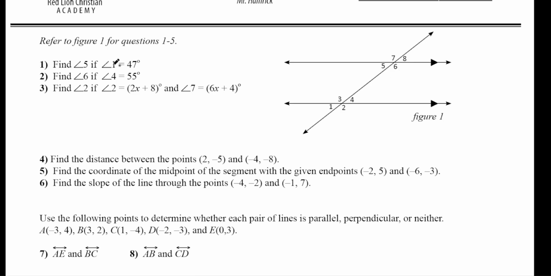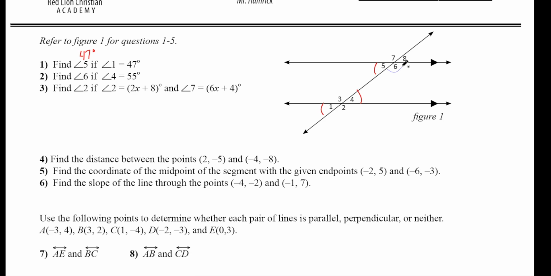So 5 and 1. Let's look at the relationship between 5 and 1. They're both acute, so they're equal to each other. So if angle 1 is 47, what's angle 5? 47. What about 6 and 4? Look, I put 1 arc for all the acute angles. 4 is also acute, right?